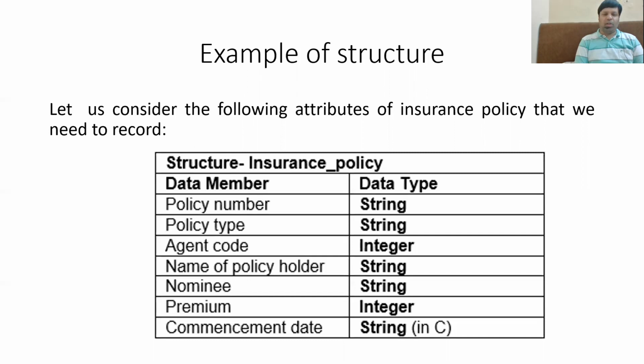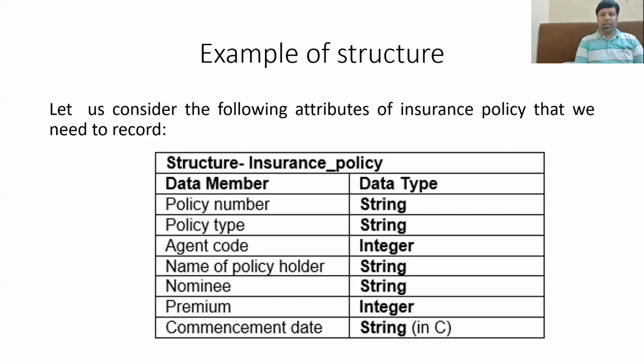Now, all these parameters or elements combine to form the insurance policy, and hence it is relevant to use the concept of a structure to group them together into one object.